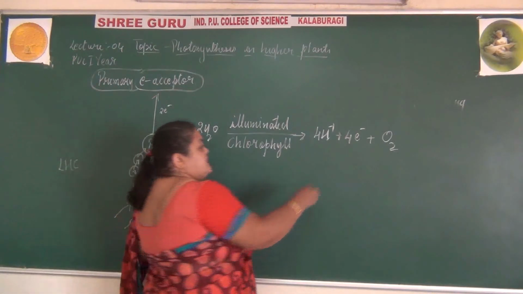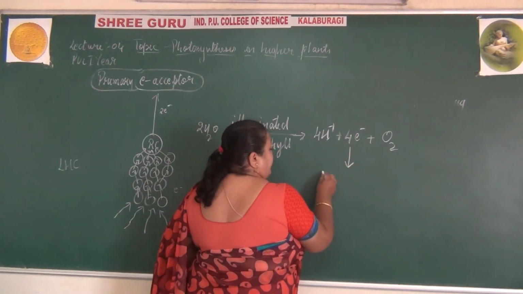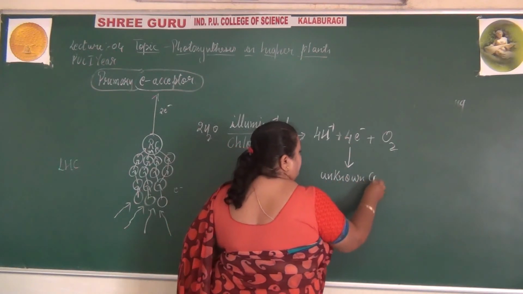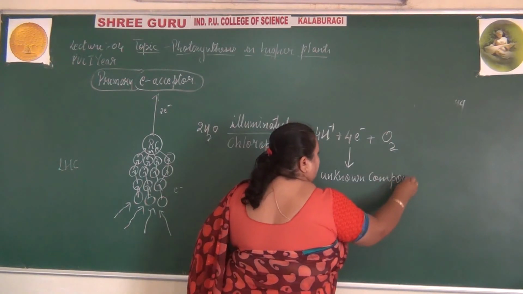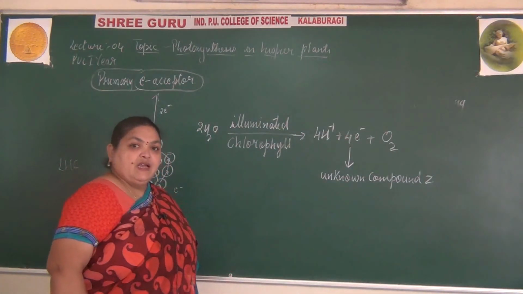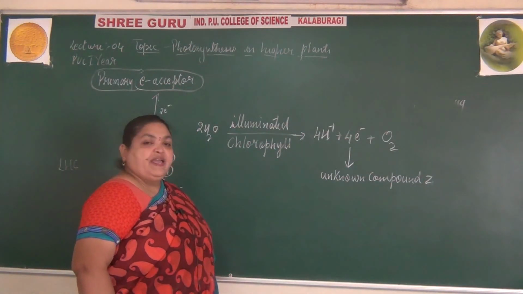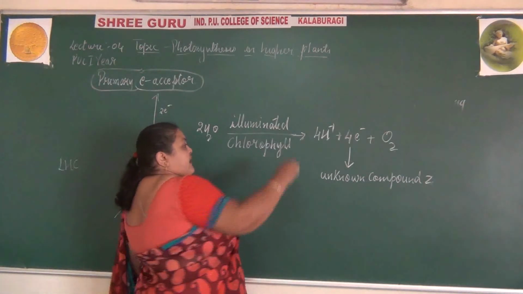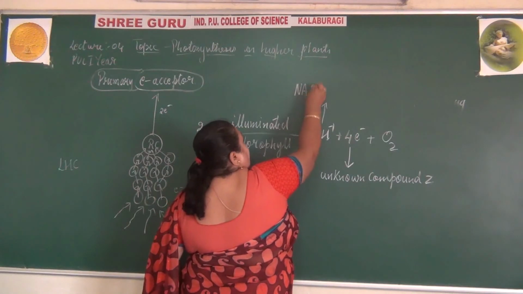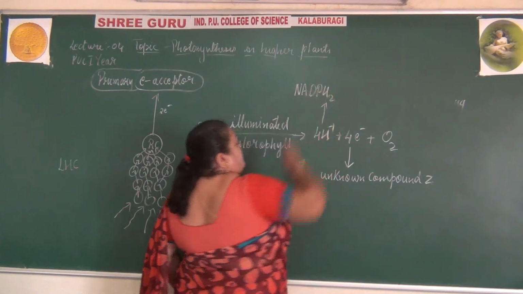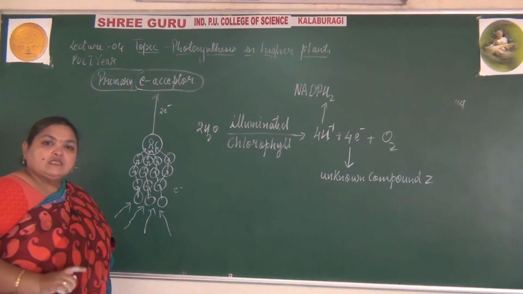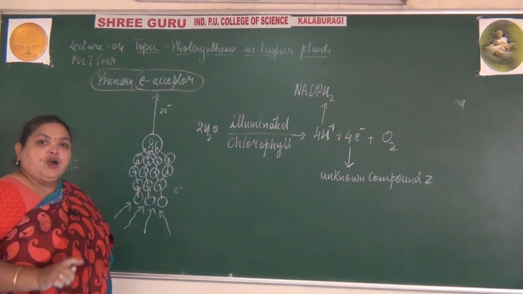The electron is absorbed by an unknown compound Z, which is present in the thylakoid membrane itself, while the protons are used for the synthesis of NADPH2 in the further reactions. So this process was discovered by Robert Hill.